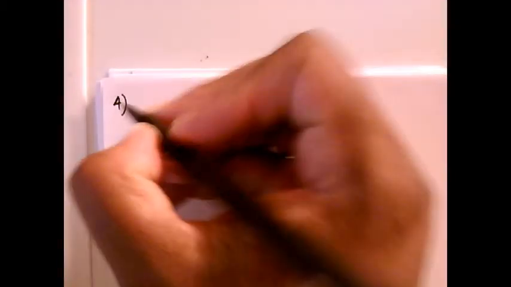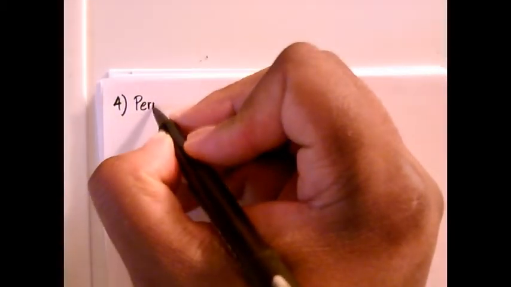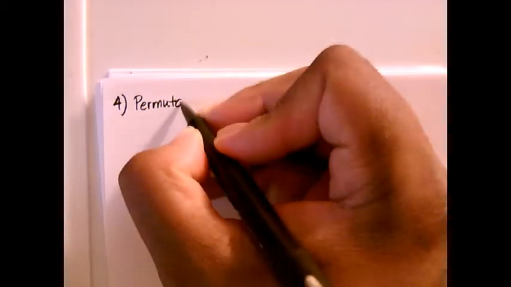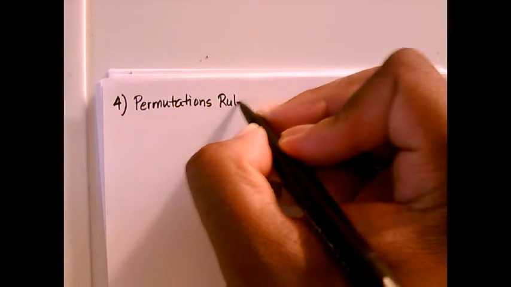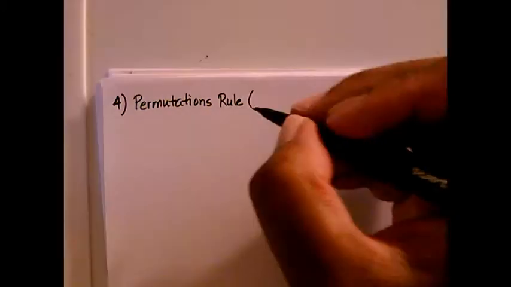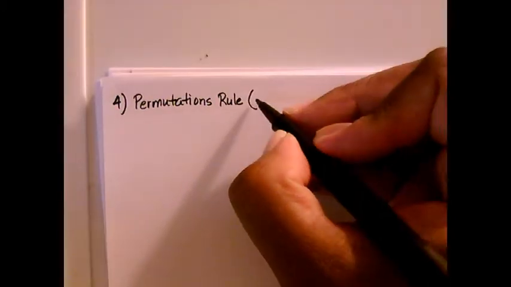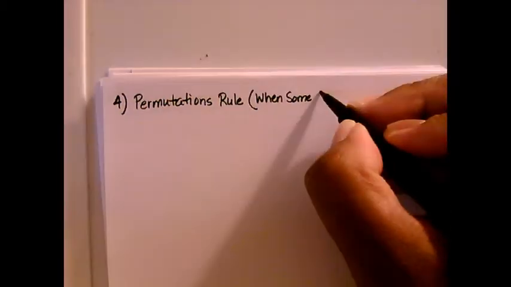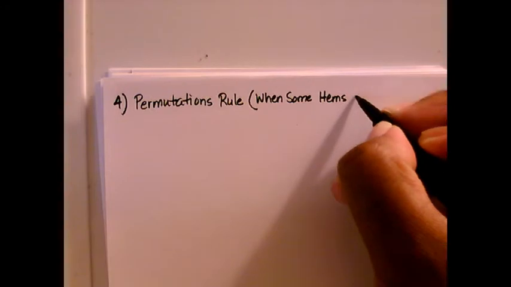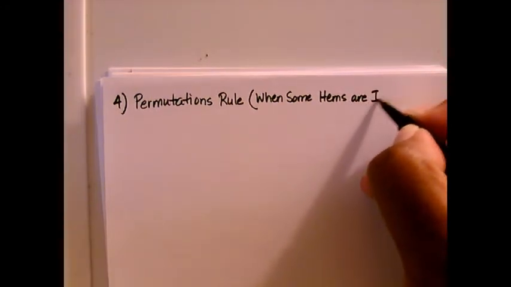Alright, number 4 is where some of the items are identical to others. So number 4 is your permutations rule, and this is when some of the items are identical.